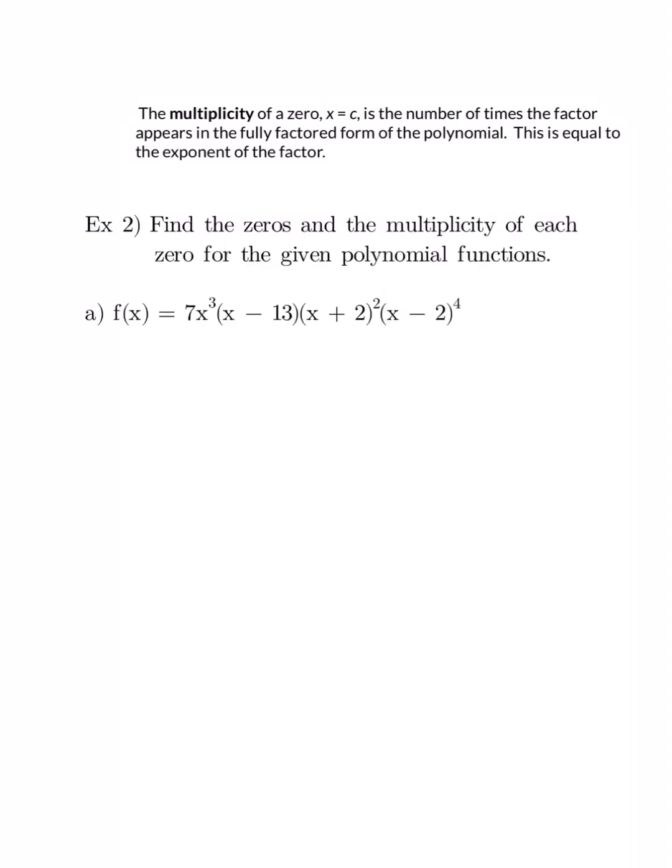We are going to find the zeros and the multiplicity of each 0 for our polynomial functions. So I'm just going to set up a little table here where we have the 0 in one column and the multiplicity in the second column.